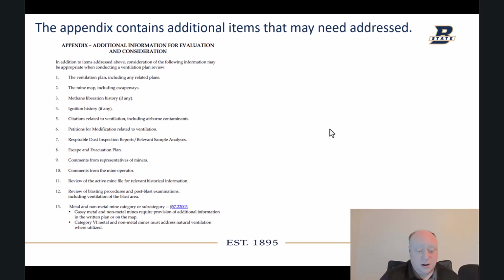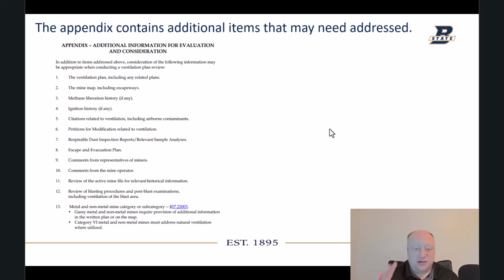So comments from the operator, comments from respective miners, escape, evacuation plan, dust samples, that sort of thing. There's also a subcategory right here at the bottom, gassy metal, non-metal mines. They do exist.